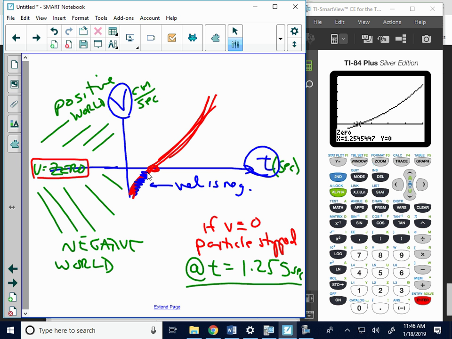If the particle is moving on a vertical axis, we'd have to figure out what's positive and what's negative. That may mean going down, right? If we're on an axis like this, now it's really ambiguous. What is the negative direction? And you may think, well, negative is going down.